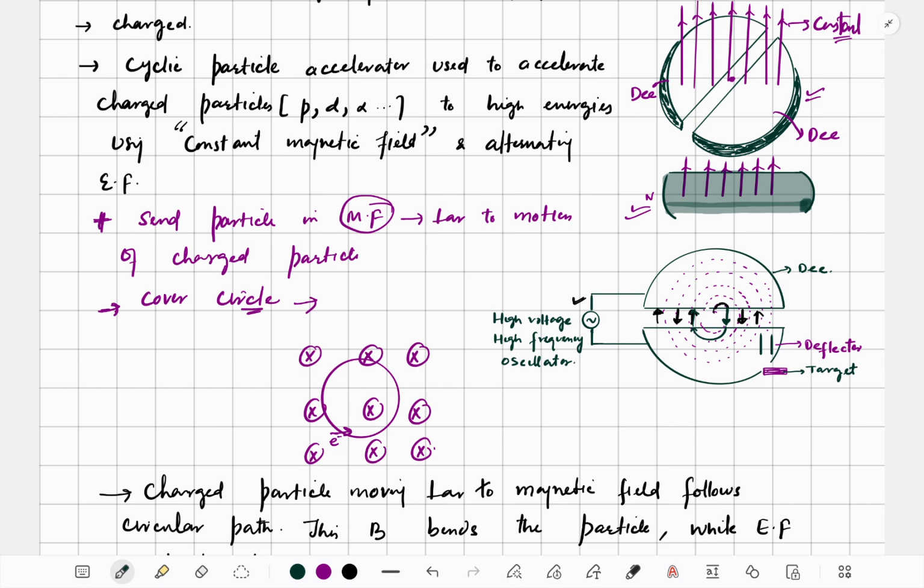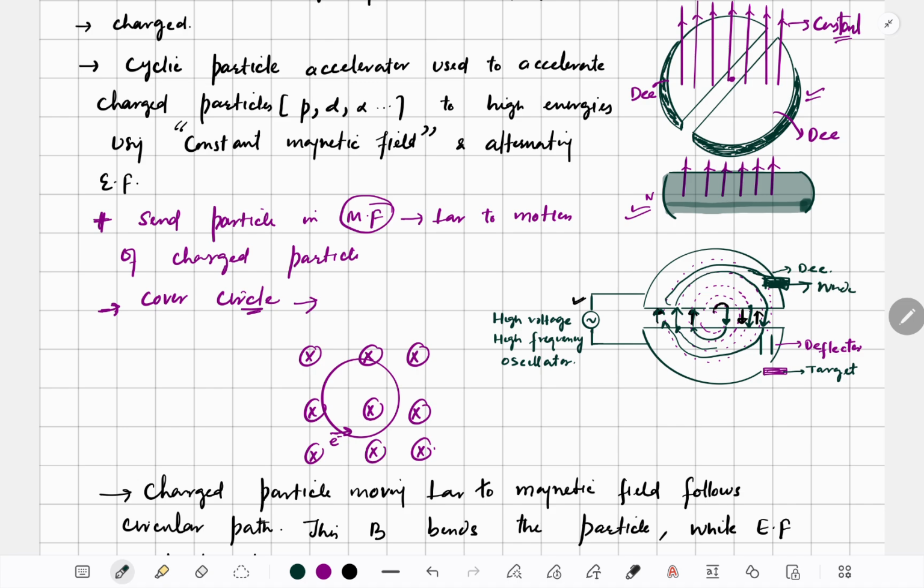Basically we want coincidence, or there should be harmony, synchronization. When the particle reaches here, the electric field should be in this direction so that it can accelerate, and so on each time, so that we can accelerate as much as possible. Let's say this is some window from where we get it out.